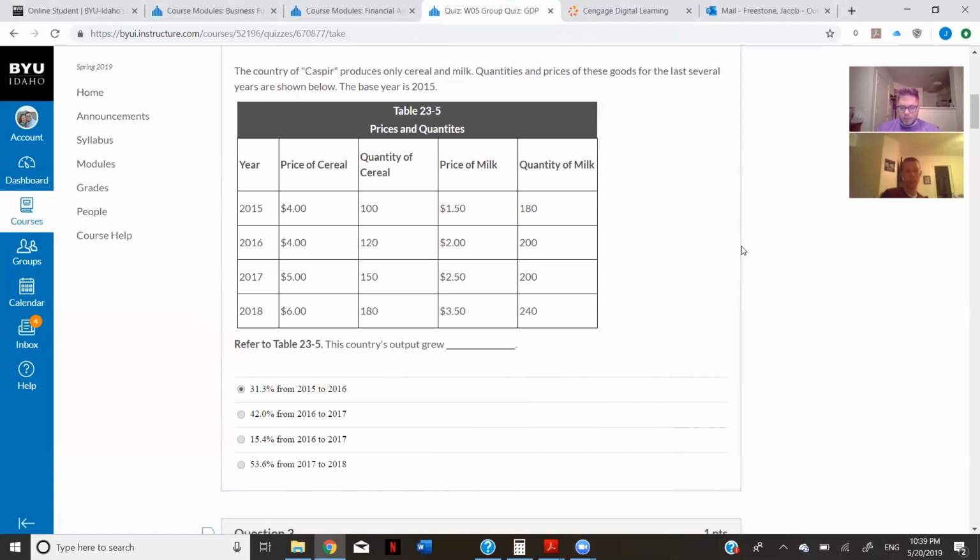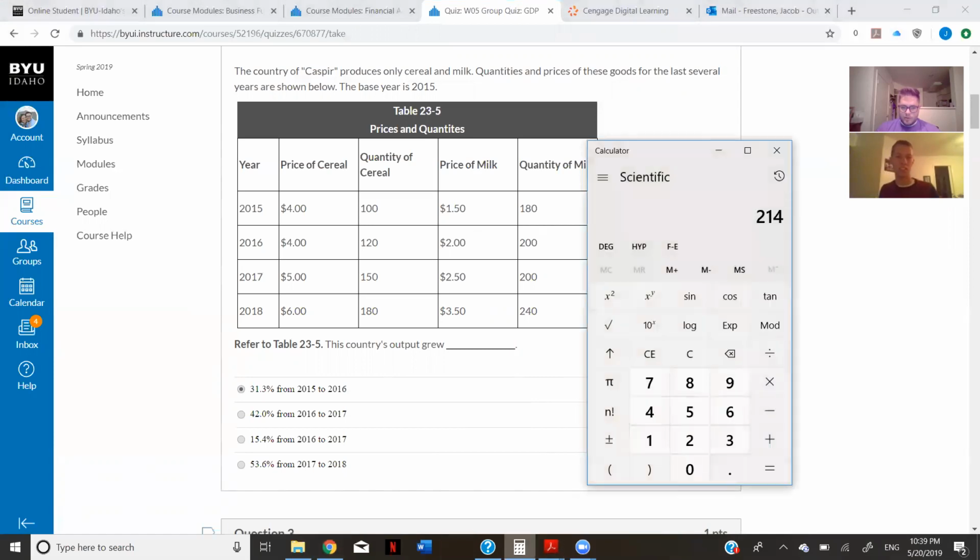Right. But the same thing happens from 16 to 17? As long as I did the math right, yeah. Let me redo it really quick. So 4 times 120 plus 2 times 200 equals 880. So remember that 880.